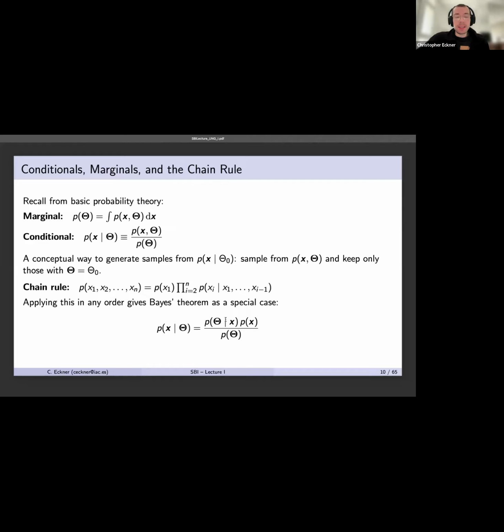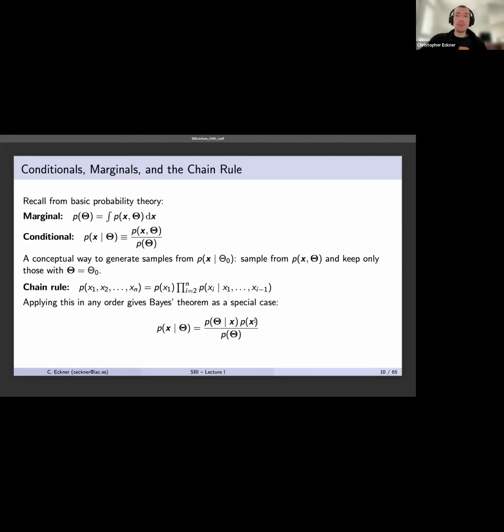The two probabilities here in the numerator are the posterior distribution. So this is given the data that I've seen, what is the probability of my parameter being this or that? So this is the property or quantity we would like to infer in the inverse problem.